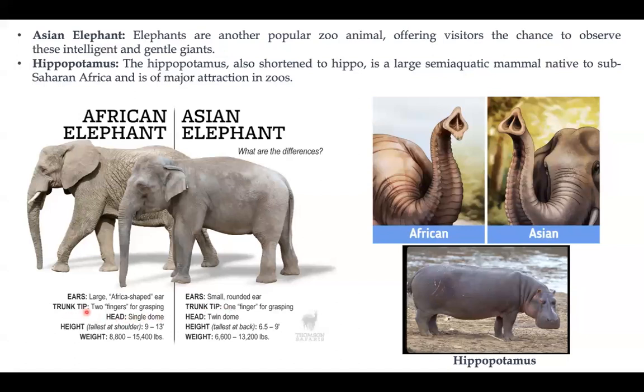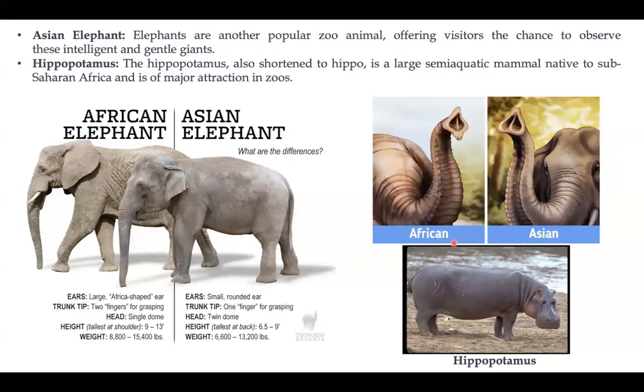Trunk, tip. What we call shur in Bangla is called trunk, TRUNK. So there is difference in the structure of the tip of the trunk of these two animals.